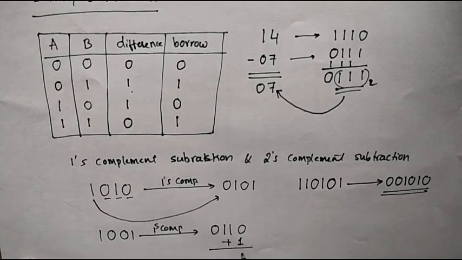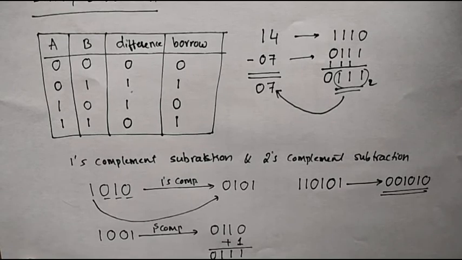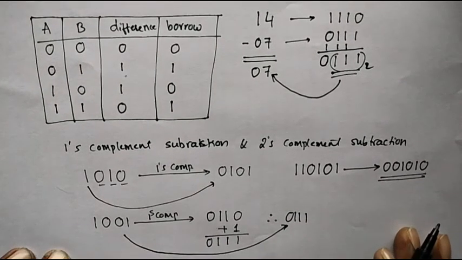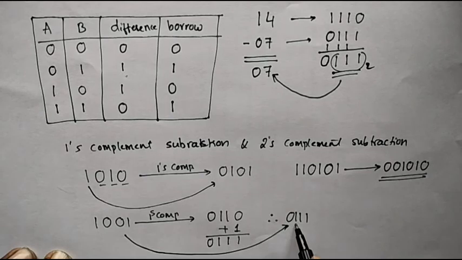When we add 0 with 1, it produces 1 and carry 0, giving 0111. Therefore, 0111 is the 2's complement of number 1001.